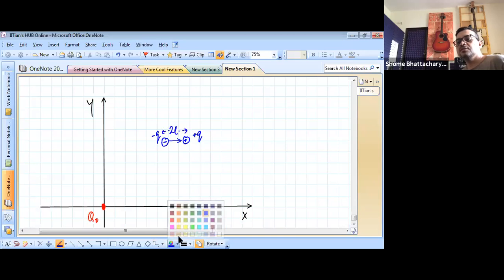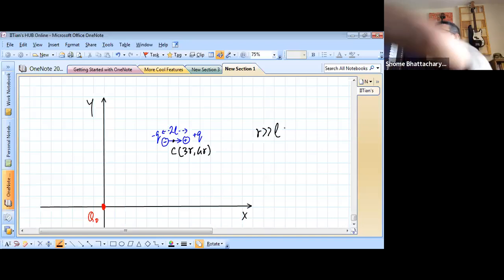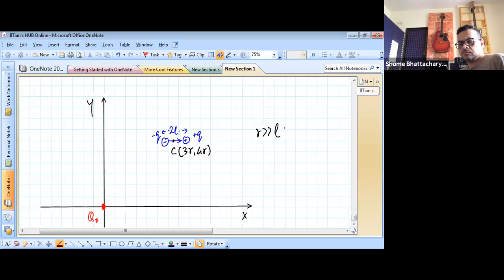And this is placed at a position vector, or let me just say the coordinates of the center of the dipole. The center of the dipole has coordinates, let's say, 3R, 4R, where R is very large compared to L. Okay, something like this.